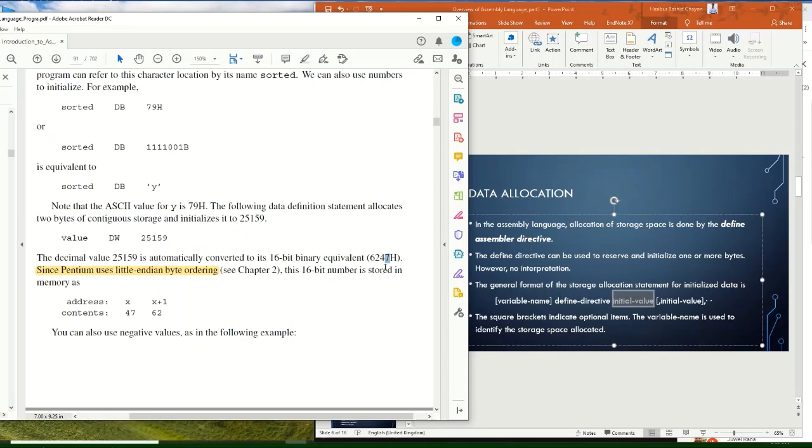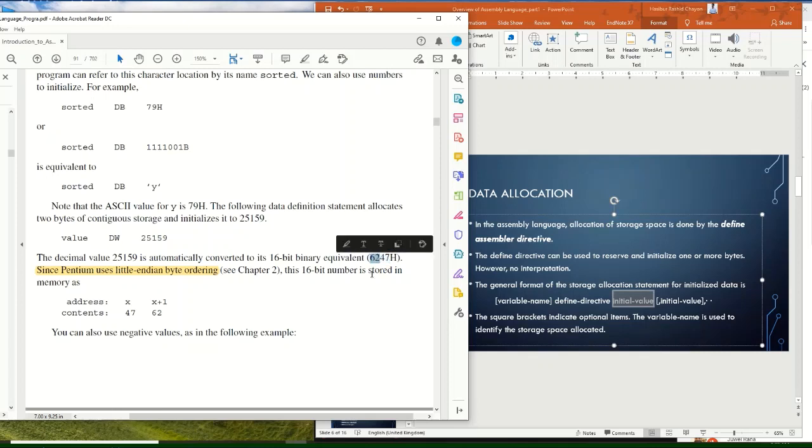That means 47 is 1 byte, 4 and 4. 62 is another byte, 4 bits plus 4 bits. So the Pentium processor stores the least significant byte first and then the most significant byte. Here the least significant byte is 47 and the most significant byte is 62.